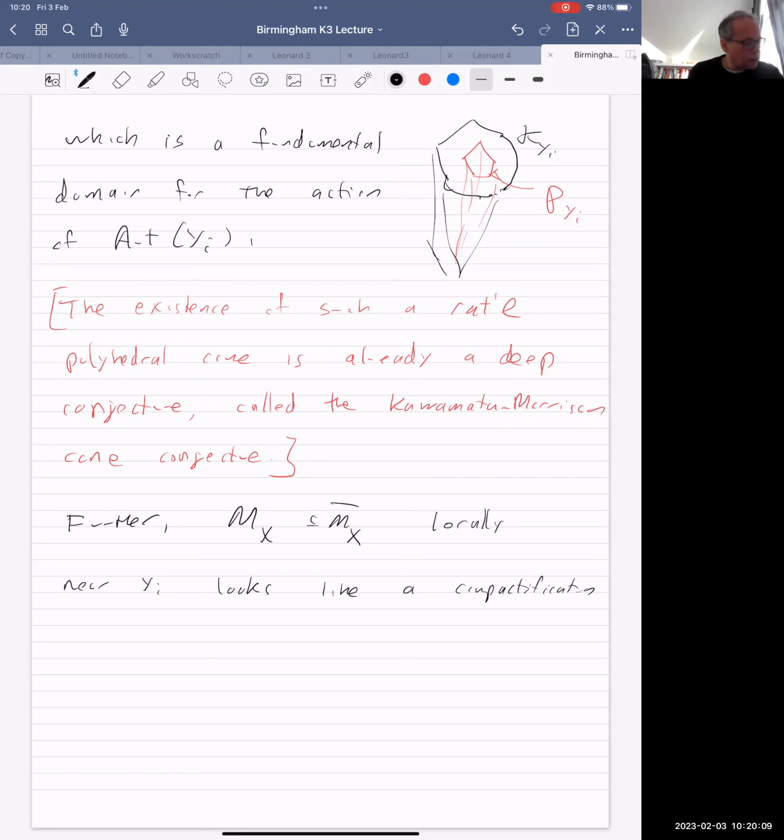Looks like a compactification of the tube domain, or a partial compactification, I should say, of the two domain H2(Y∨, R) plus square root of -1 times the Kähler cone of Y∨, modulo, first of all, integral shifts in cohomology.